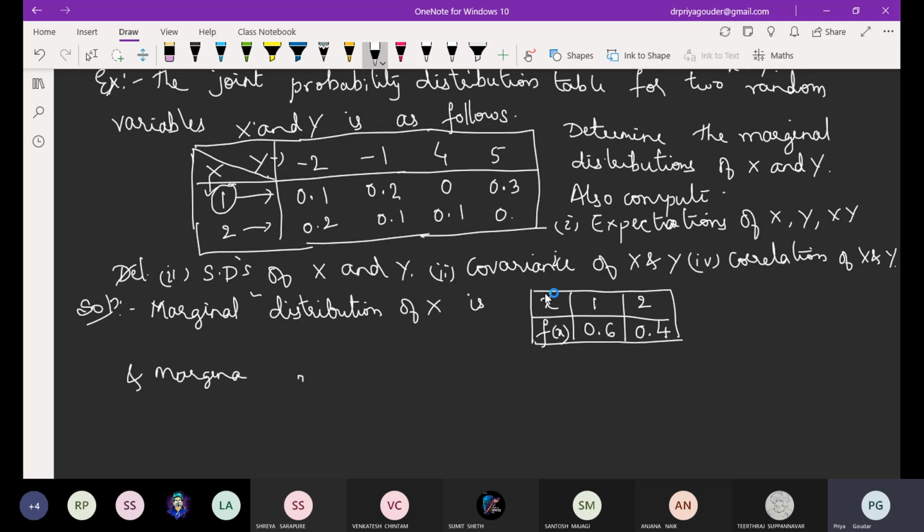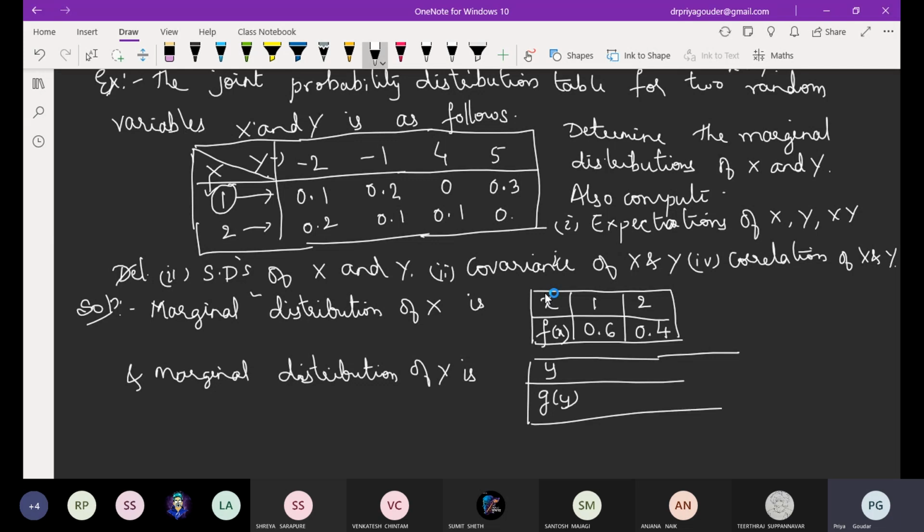Write it. Marginal distribution of Y. So I write Y and then corresponding to this, g of y. What are the values of Y given in the table? -2, -1, 4 and 5.